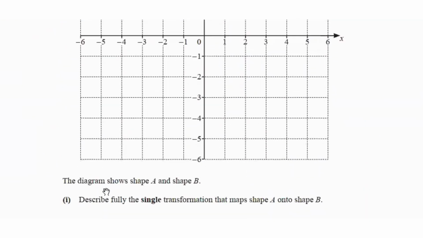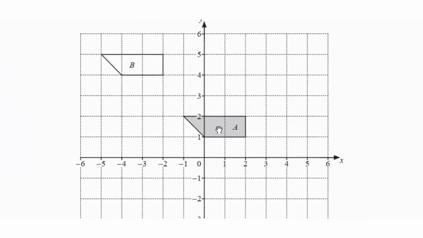Part C says the diagram shows shape A and shape B. Describe fully the single transformation that maps shape A onto shape B. So shape A onto shape B shows that there is a translation, both horizontal and vertical. If we compare the points, this and this, this point is negative 1, 2.